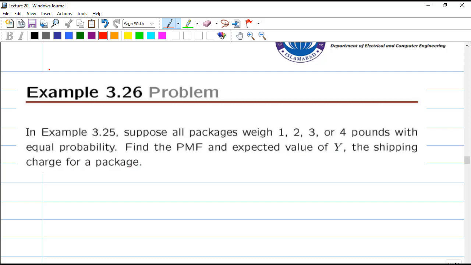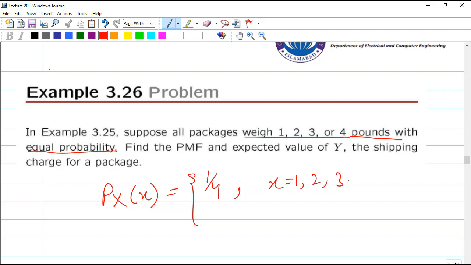First of all, we have been given the probabilities of weights, which we call the random variable X. We can write the PMF of X, which is straightforward because it has the same probability for all the packages that weigh from 1 to 4. So x will be 1, 2, 3, 4, and 0 otherwise.